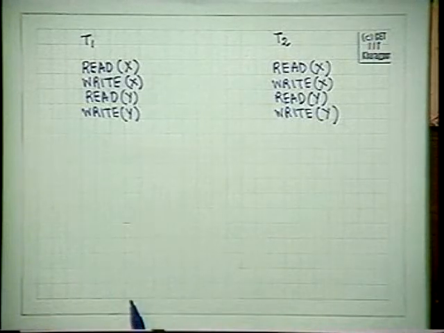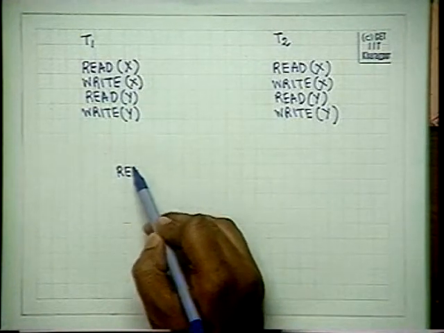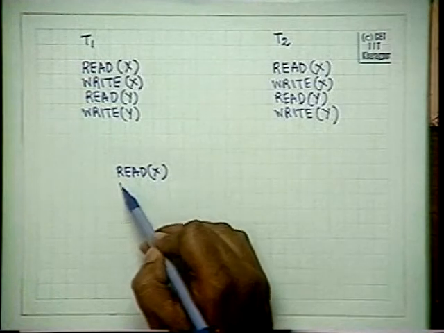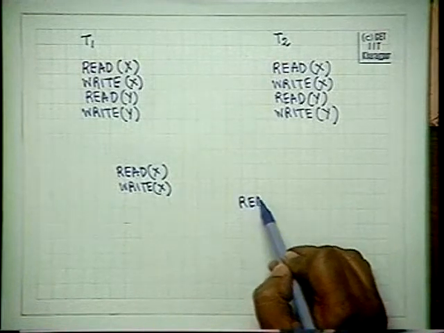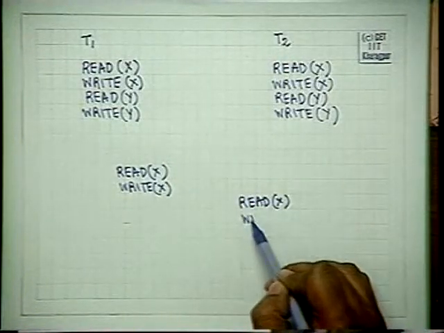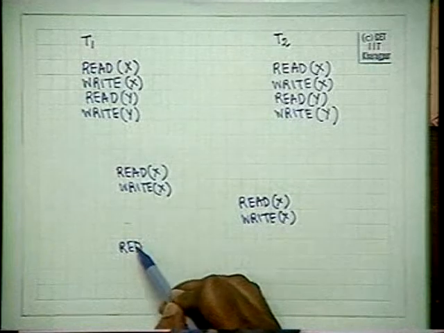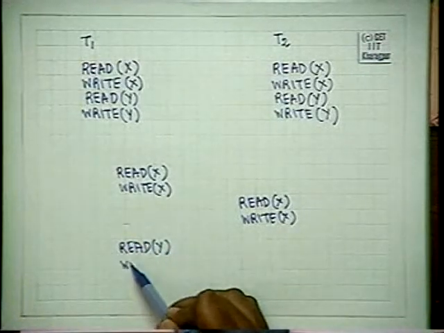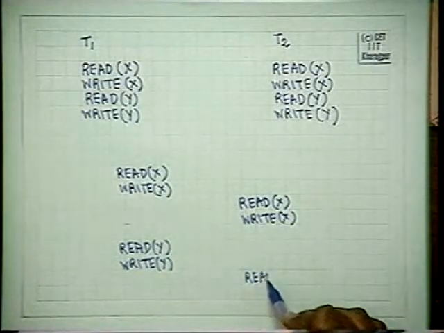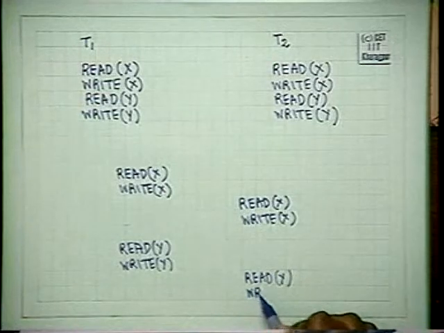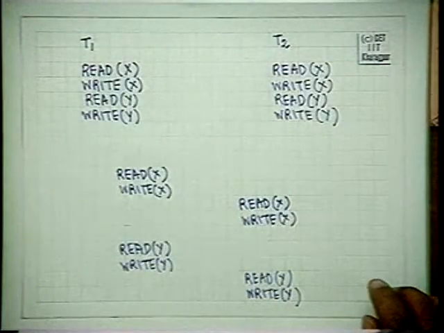And now we can have various schedules. If we analyze this, we will see we can have a schedule which is read X, write X, read X, write X, read Y, write Y. This is the equivalent of this schedule.